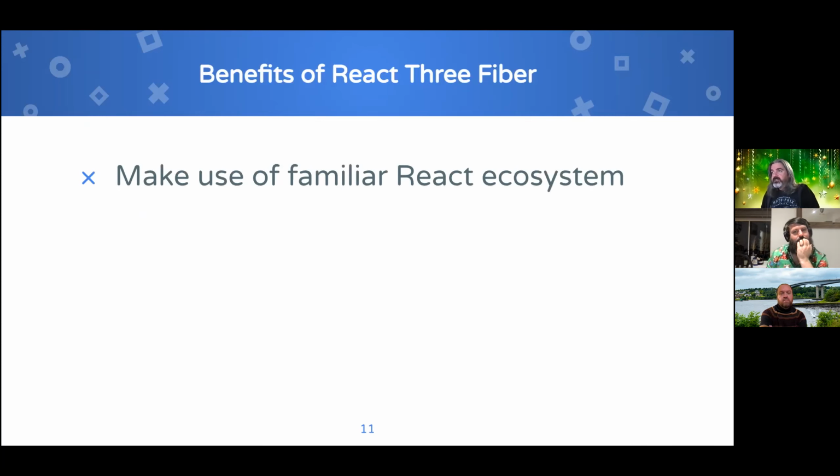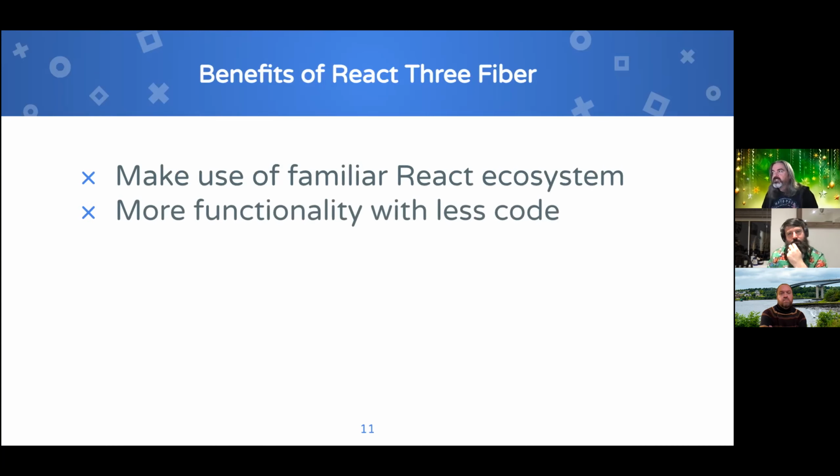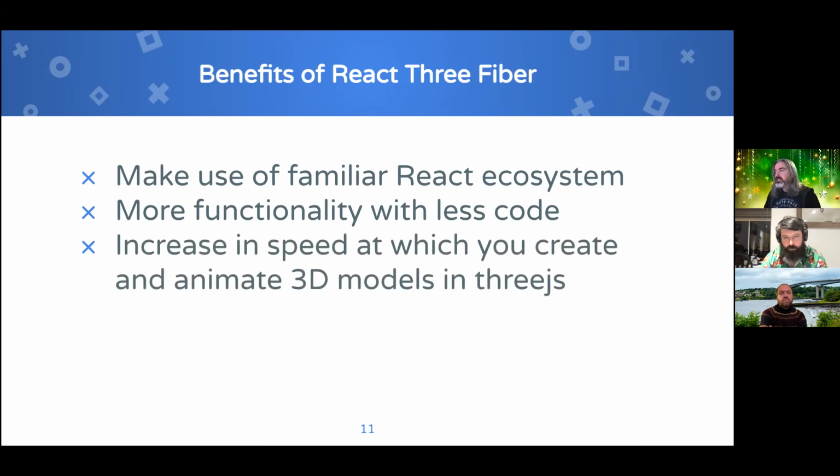Now here are all the benefits, I think, of React Three Fiber. A familiar ecosystem, more functionality with less code. I know the two examples I showed you seemed very similar, but hopefully you saw it was a lot cleaner, and you could also reuse things a lot more easily. I believe it was easier to follow, especially if you're a React developer.